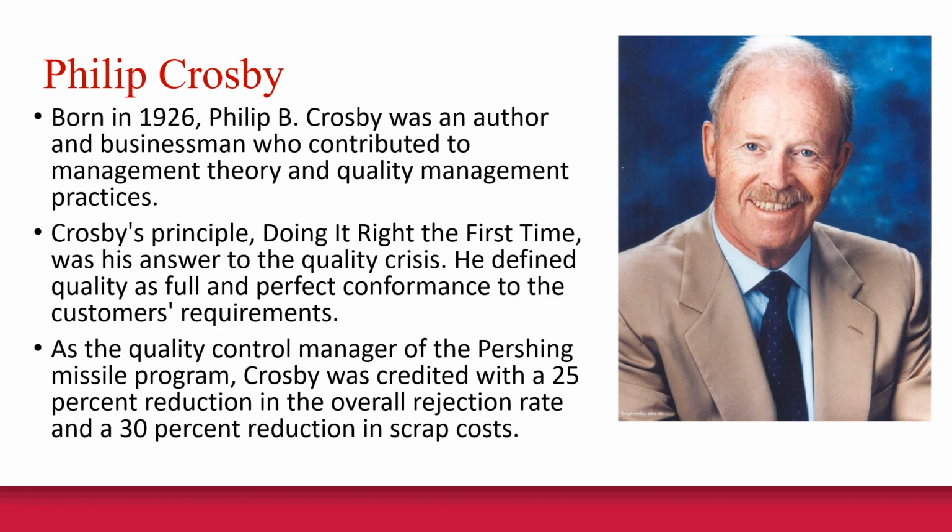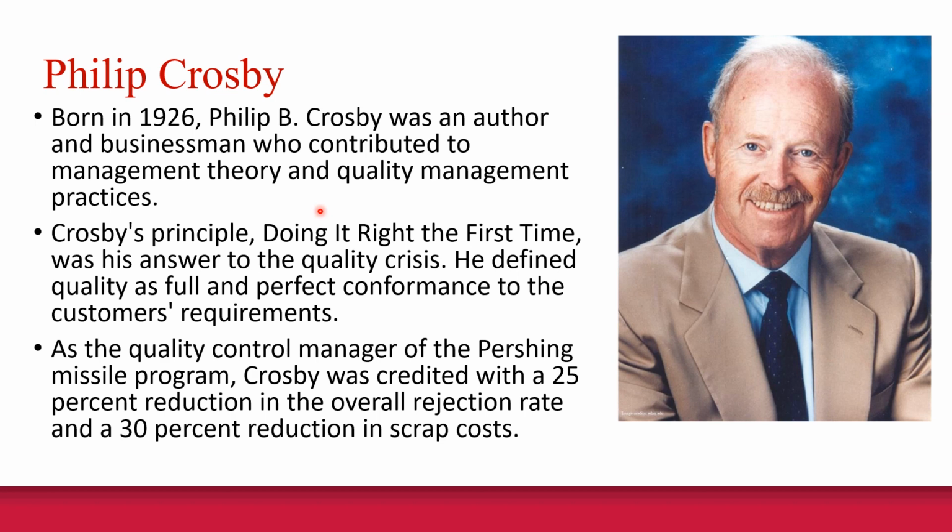The next leader in the quality control movement we want to take a look at is Philip Crosby. Philip was born in 1926 and was an author and businessman who contributed greatly to management theory and quality management practices. Crosby's principle of doing it right the first time was his answer to the quality crisis.